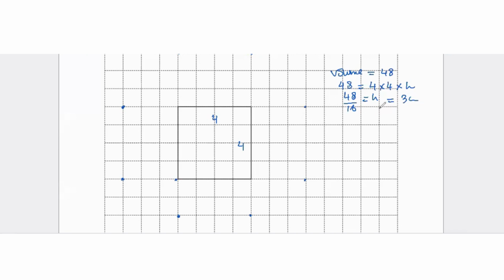So 1, 2, 3, 4 over here and 4 over here. Now if we connect this, these are the rectangular sides of the cuboid. And this is the rectangular one. And this is the square top.